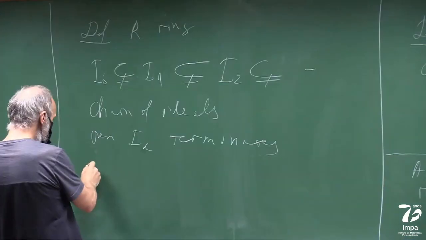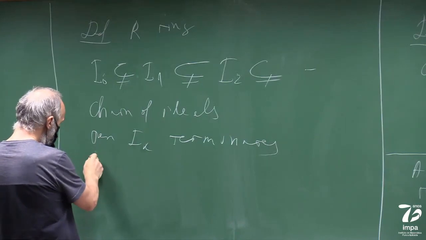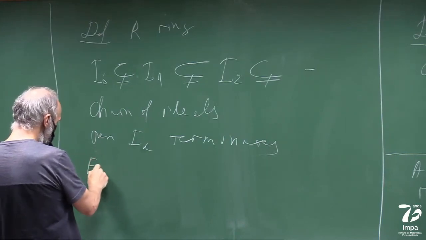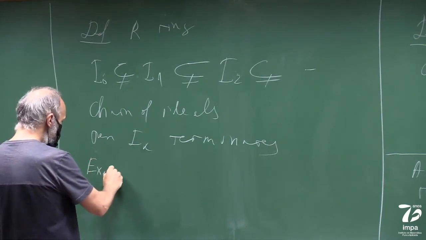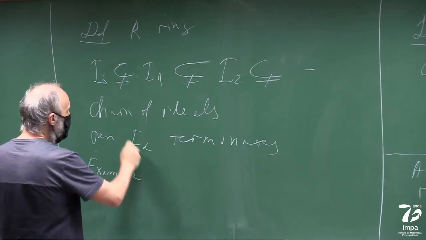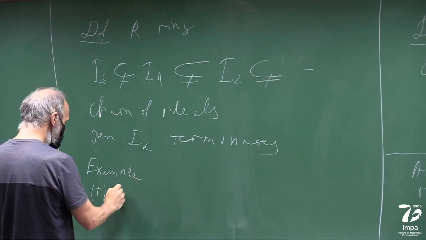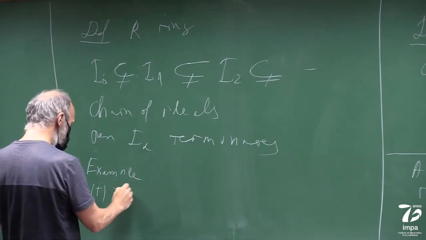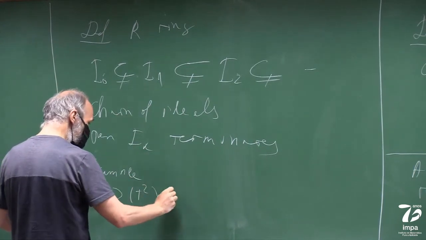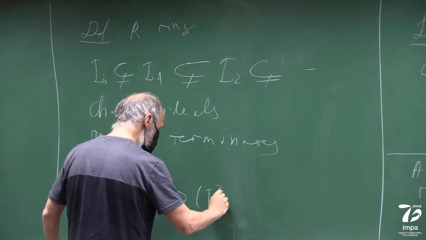So, for instance, here is a counterexample where you cannot take the opposite condition. You take the ideal (T), which contains the ideal (T squared), and this contains the ideal (T cubed), and so on.